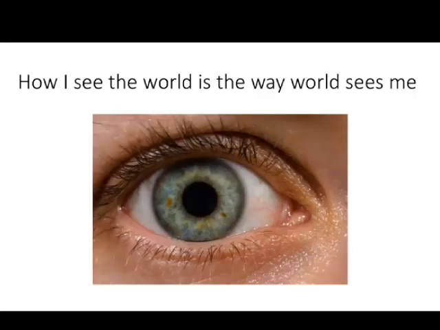So this is how our eyes look. And what is really interesting is how I see the world. Like when I went and I saw the Ganesha Murti and I felt that Lord was blessing me. And so when I thought that that's how Ganesha was blessing me, I felt blessed. It's really interesting how I see the world is the way the world sees me.